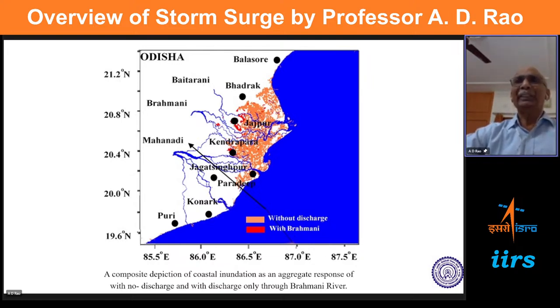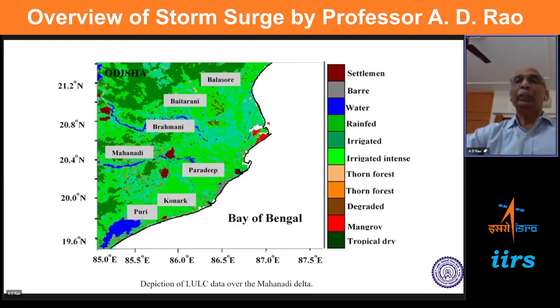We have seen the contribution of each tributary, and Brahmani is contributing a lot. I don't want to go into the details, but eventually we have taken LULC also, land use, land cover. What is the land cover in this region, particularly agricultural land, or is there any wetlands? All that information is already taken into this system also.